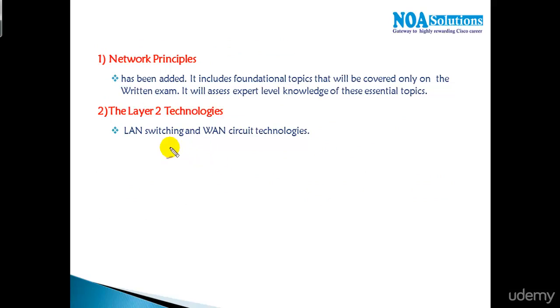Now Layer 2 technologies. In the case of Layer 2 technologies, it's a complete CCNP Switch. Whatever you have done in CCNP Switch, almost all the topics from CCNP Switch are covered. The major change in Layer 2 technologies is that there is no more Frame Relay in the new version.